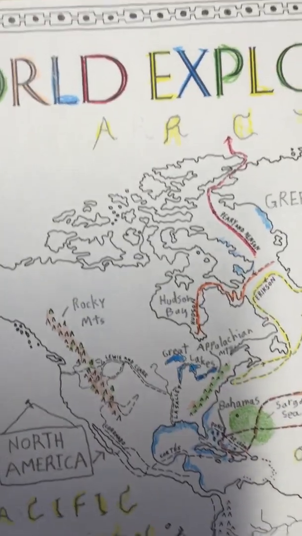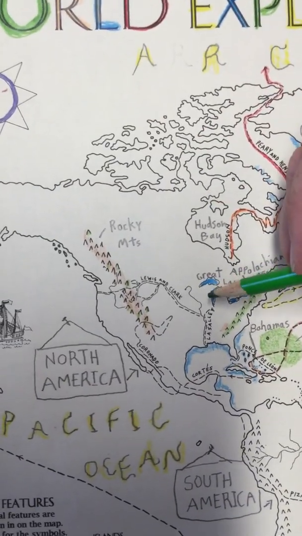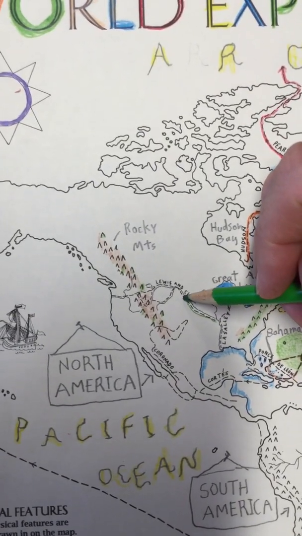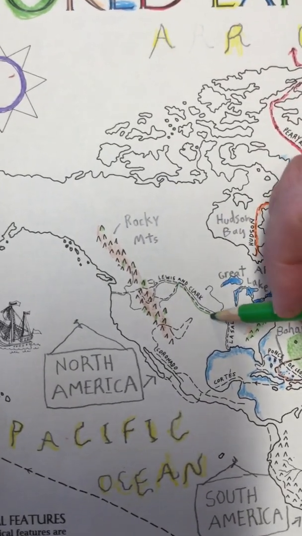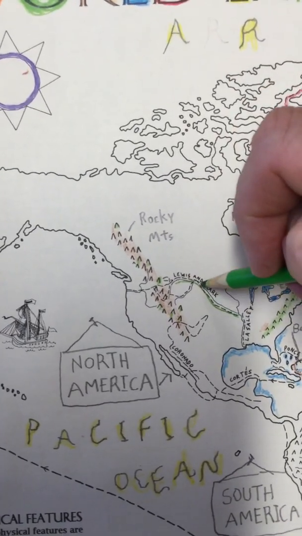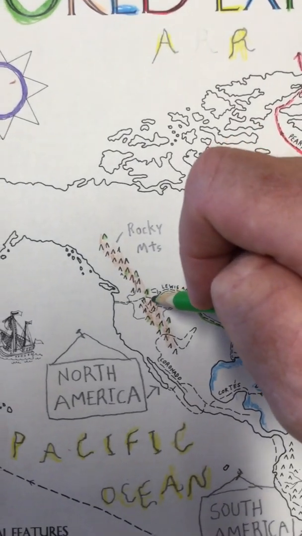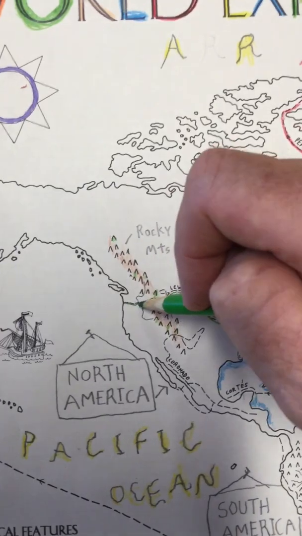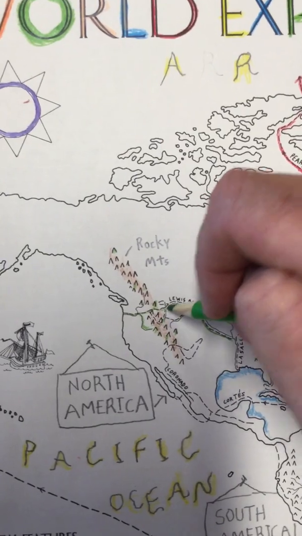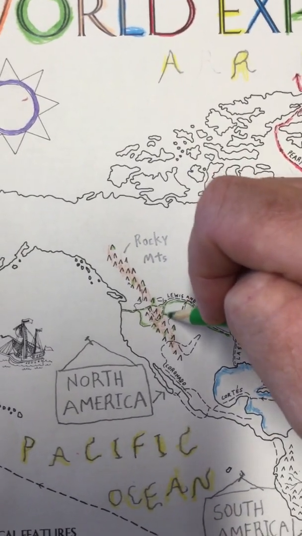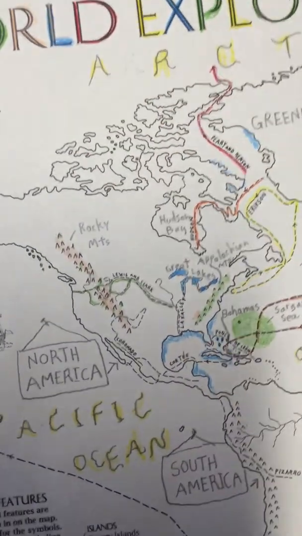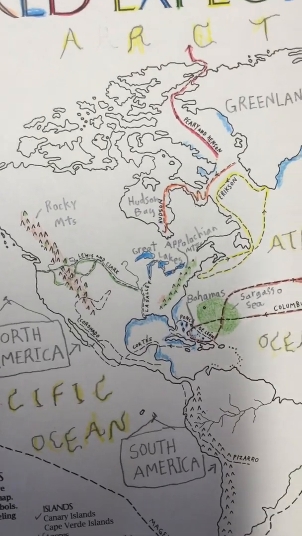We've got the Lewis and Clark. Maybe we could do a green for that. Starts right about here. You can see it also follows the Missouri River. We talked about how they would use rivers to get around. You may end up labeling that river too. Okay, let's see if that Missouri River is in my list. Yes, it is.